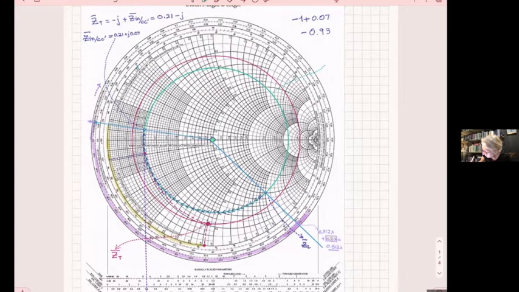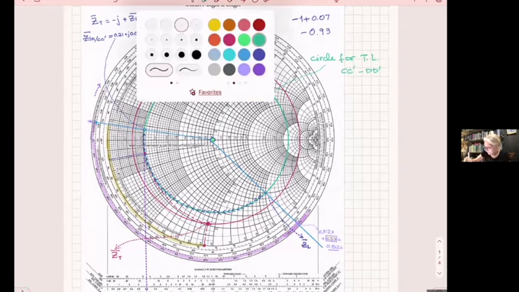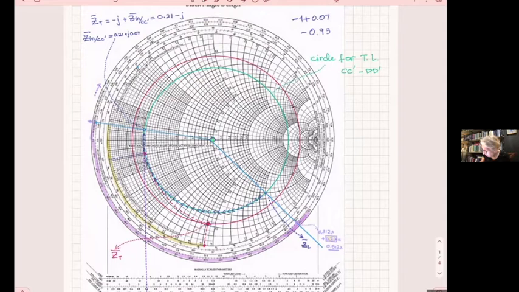So circle for transmission line between C, C prime and D, D prime. All right. And the red one, this one, is the circle for transmission line between A prime and B prime.